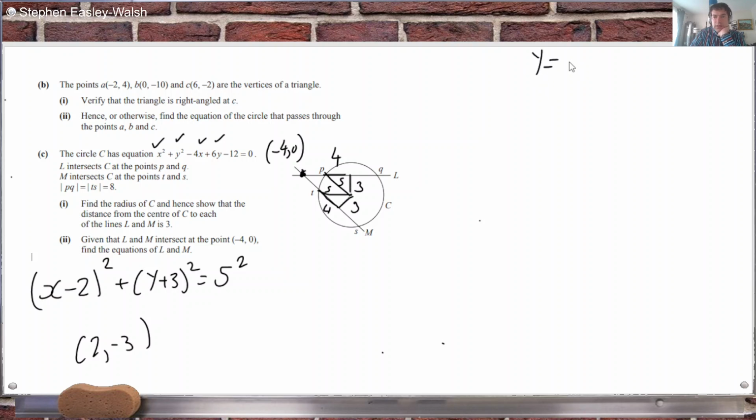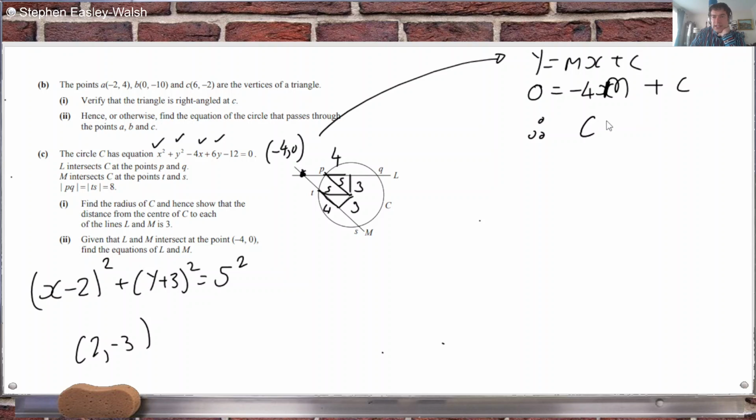So y equals mx plus c. If we sub that point in, we get 0 equals -4m plus c, because x is -4 and y is 0. So therefore, c equals 4m. So the line will be y equals mx plus 4m, or in other words, mx minus y plus 4m equals 0.